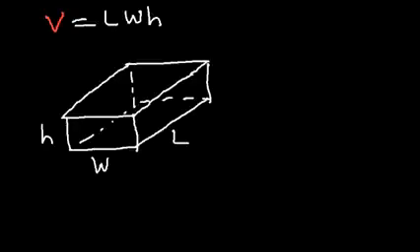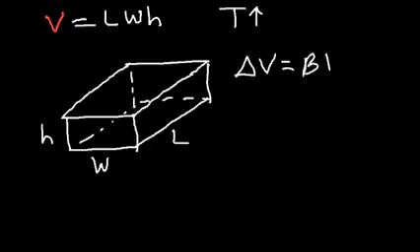Now, if you raise the temperature, the entire volume will increase. The length will increase, the width will increase, and the height will increase. It turns out that the equation that you can use is this equation. Delta V, the change in volume, is equal to the coefficient of volume expansion times the original volume times the change in temperature.